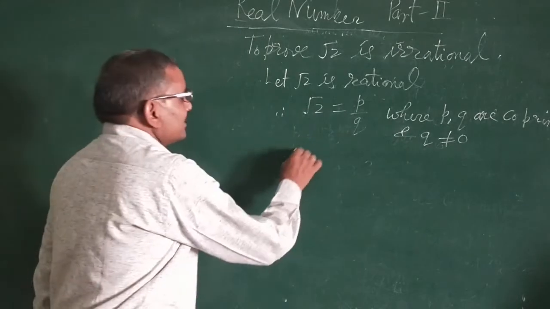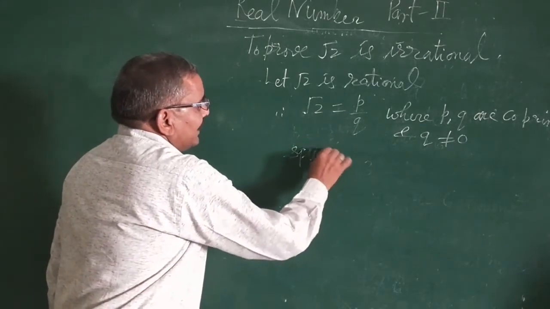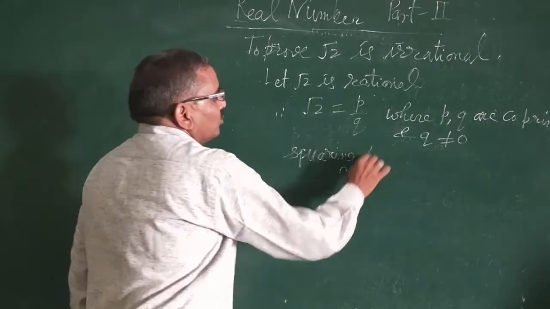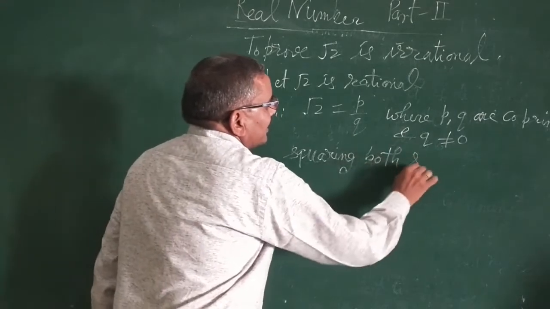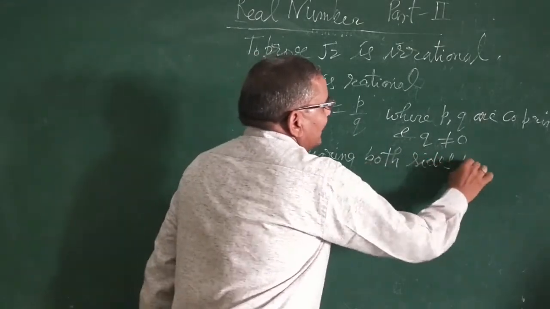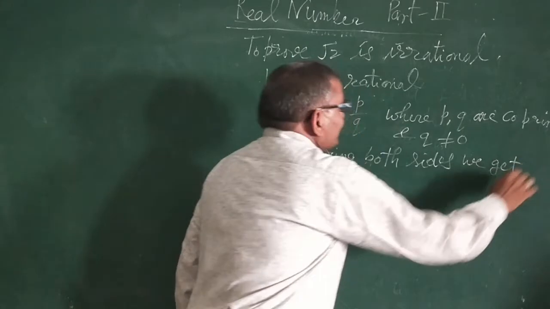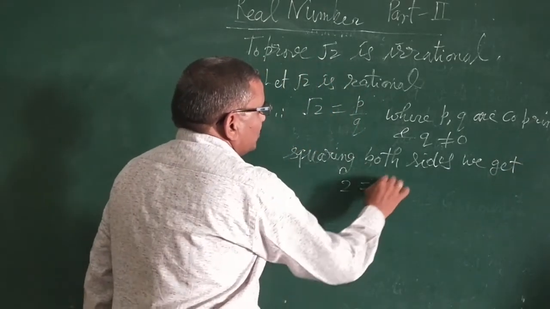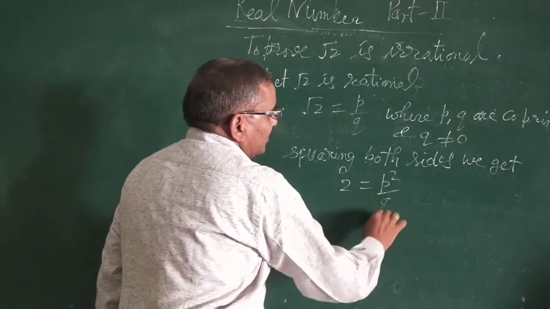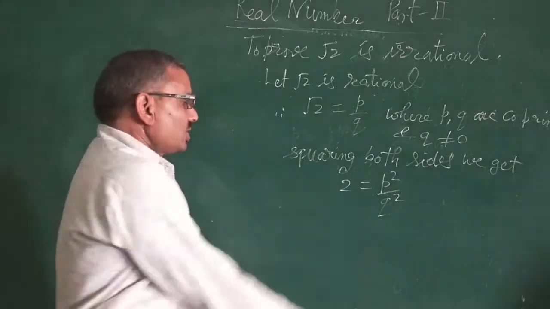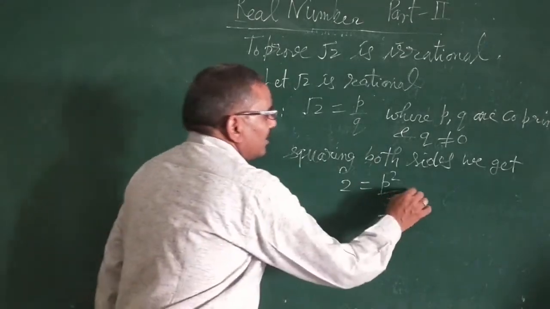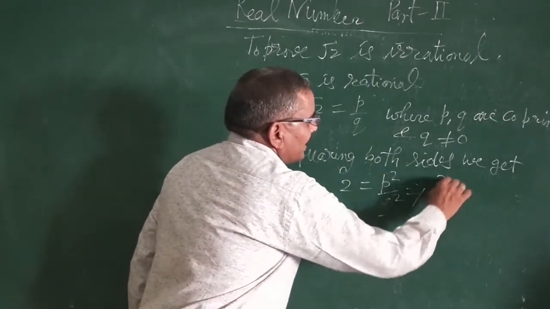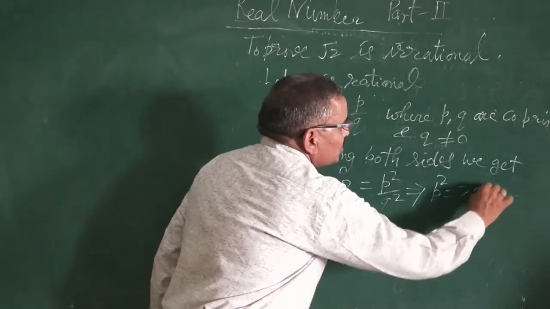Squaring both sides, we get 2 is equal to p square upon q square. By cross multiplication, p square is equal to 2q square.